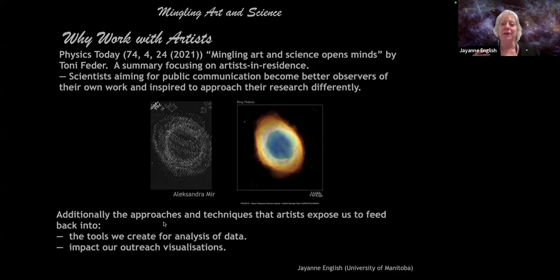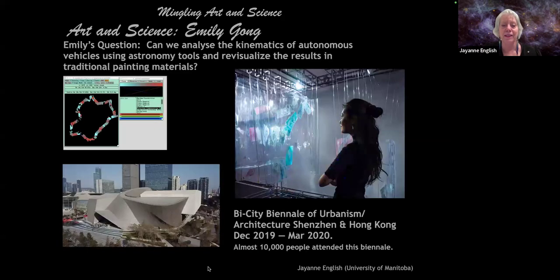Another thing that happens when you work with artists is that the approaches and techniques that they teach us or expose us to get fed back into the tools we create for our data analysis. And they also, of course, impact our outreach visualizations.